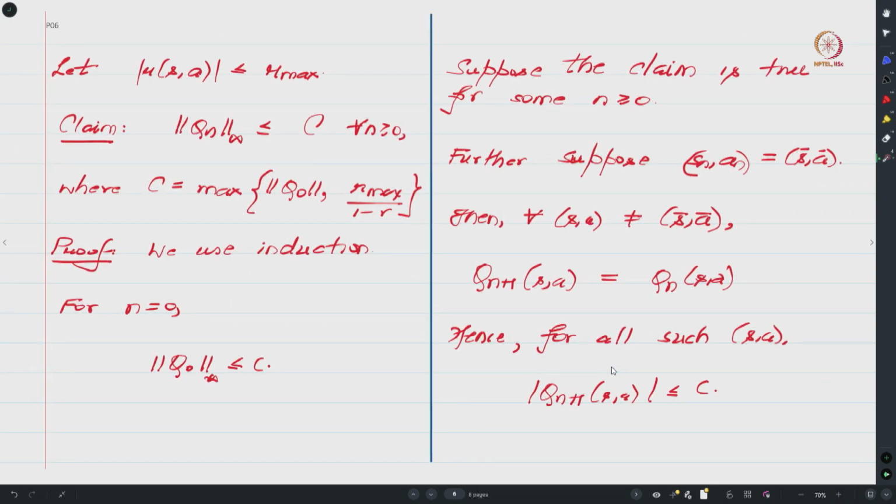Okay. So what we will do is we will presume that the rewards are bounded, right.